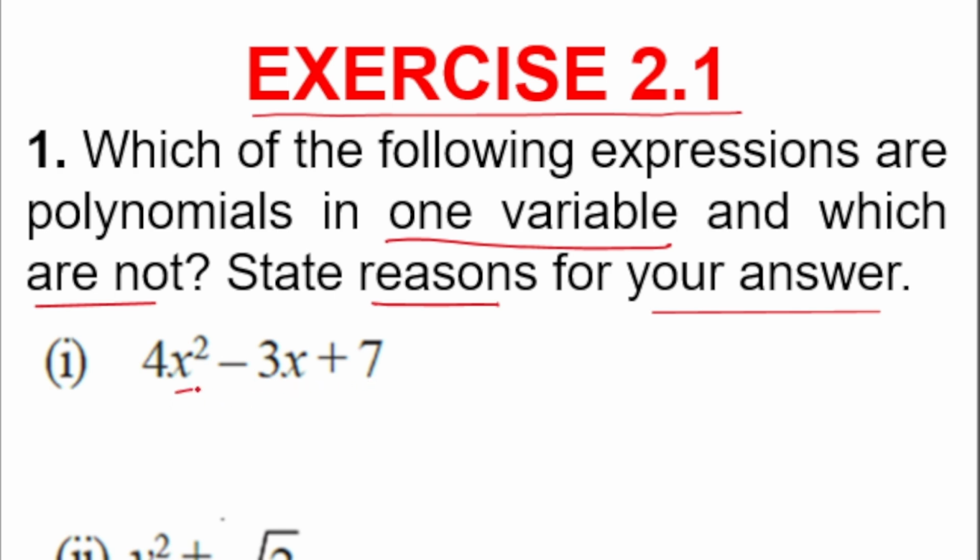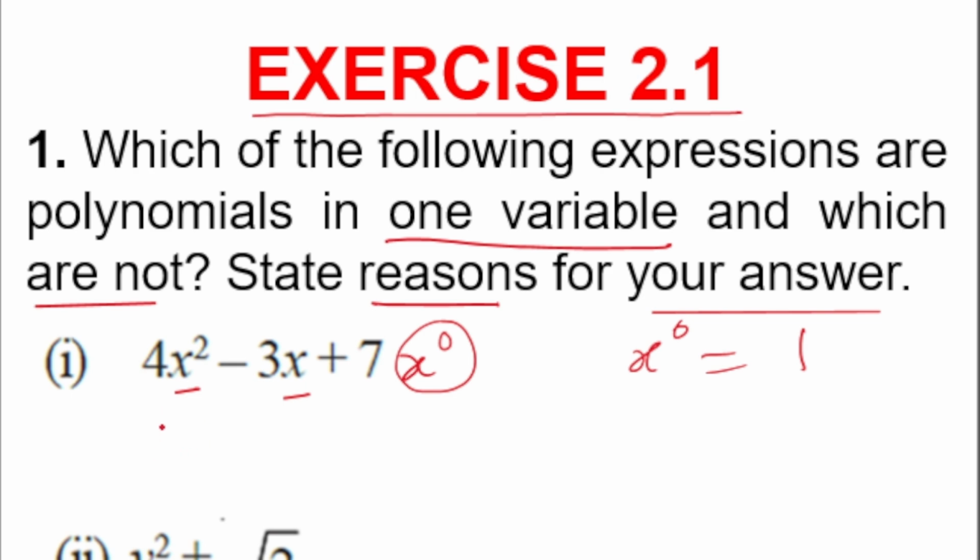So the variable is x², x, and you can say x to the power 0, because x to the power 0 should be 1, so we don't write it. So the powers are 2, 1, and 0. All these are whole numbers, and this is the condition for being a polynomial. That means it should be a whole number. So this condition is satisfied in this question.